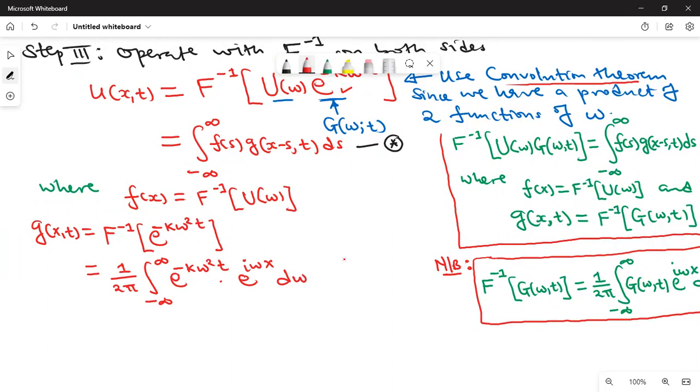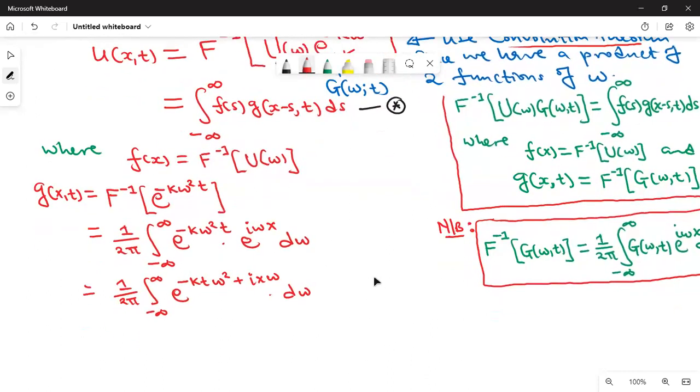And this you can as well write as 1 over 2 pi, the integral from negative infinity to positive infinity of exponential of negative kt omega squared plus ix omega d omega.